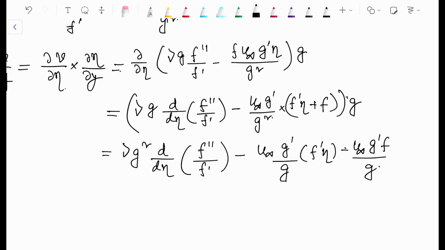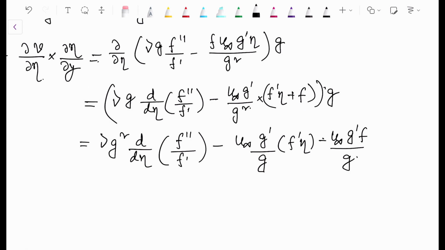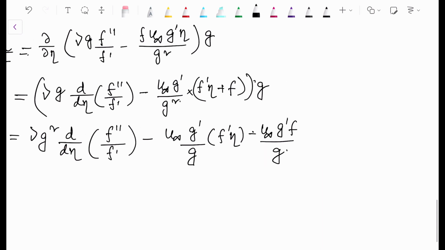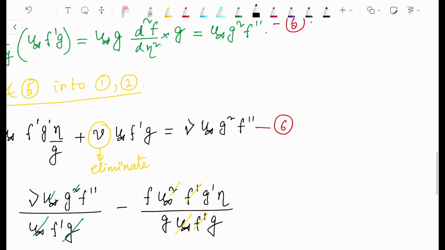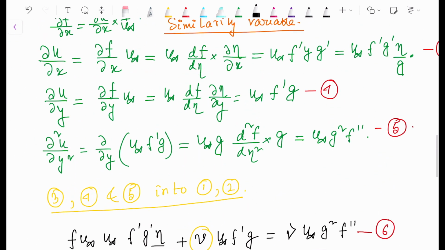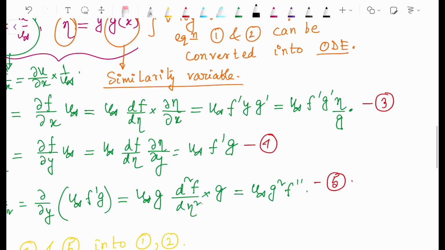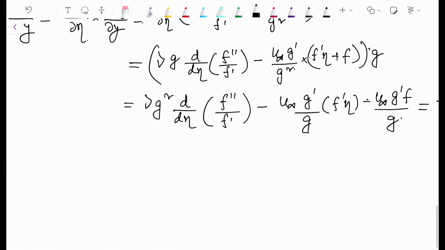So be very careful, because these steps are very prone to mistakes. Let me check once again: u infinity g dash f dash by g, eta. By continuity this is equal to minus del u del x. Del u del x was u infinity f dash g dash eta by g, right.